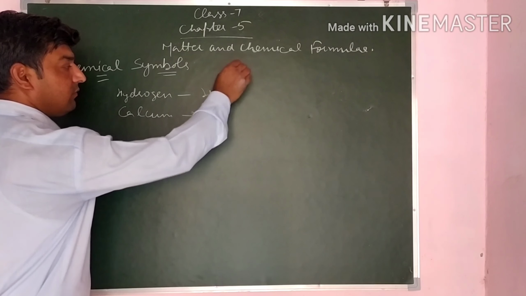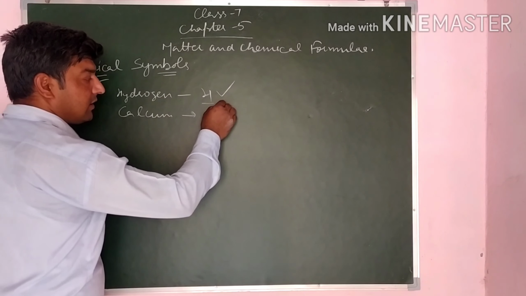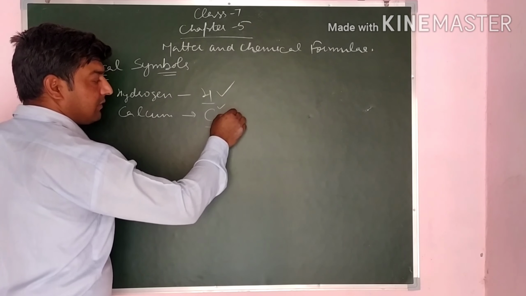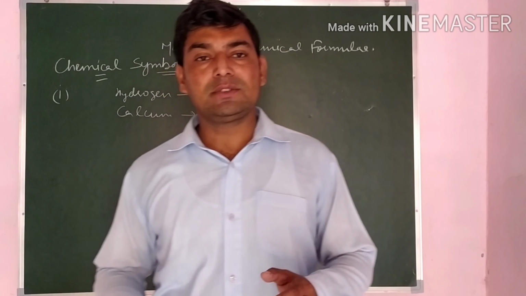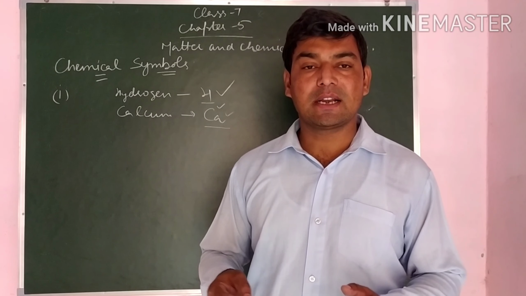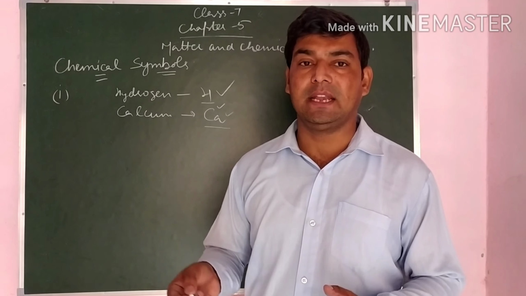For hydrogen there is only one letter, and for calcium there are two letters, C and A.